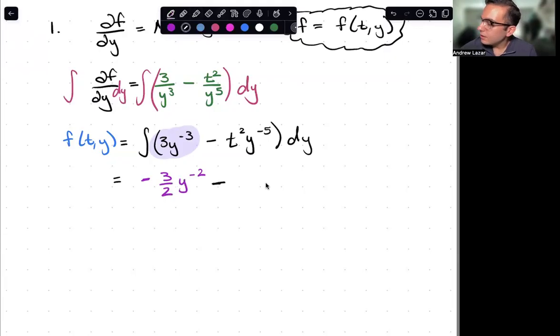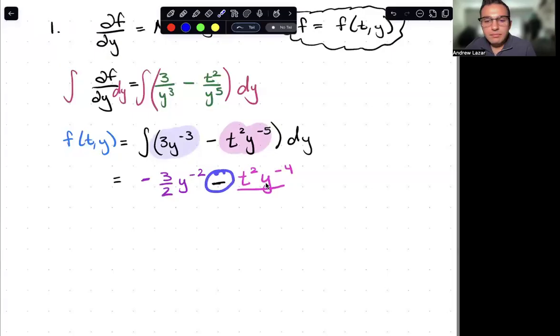Minus, let's integrate this term right here. Same process. We add 1 to the exponent on y and divide by that same number. So that's going to be t squared times y to the negative 4, adding that 1 to that exponent. And we divide by that same number. And just note, dividing by a negative makes this term positive. So this is what we have.